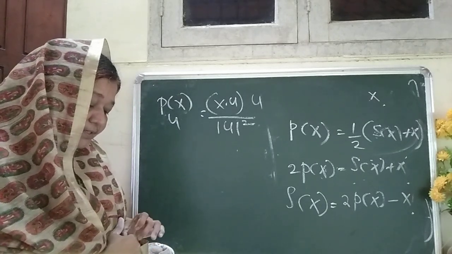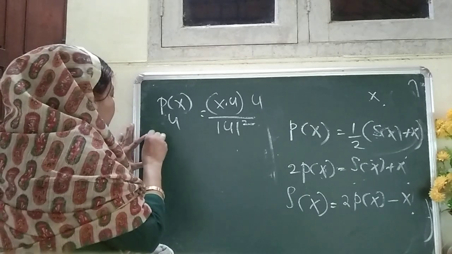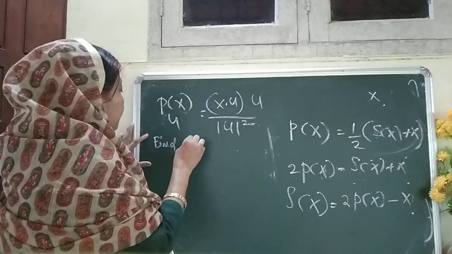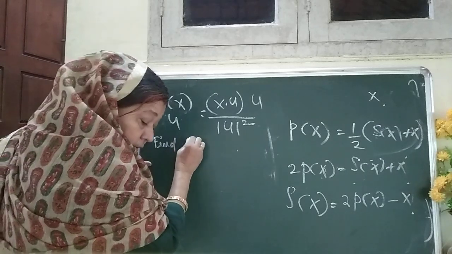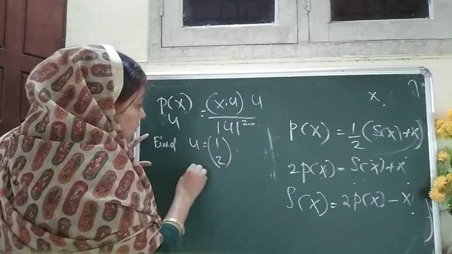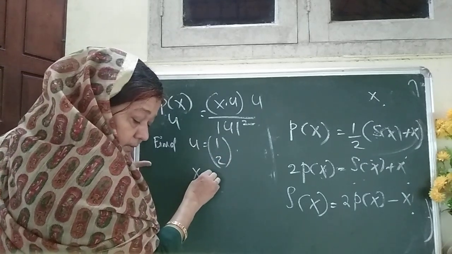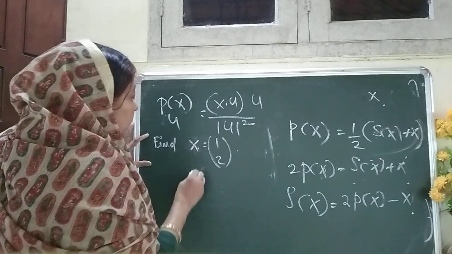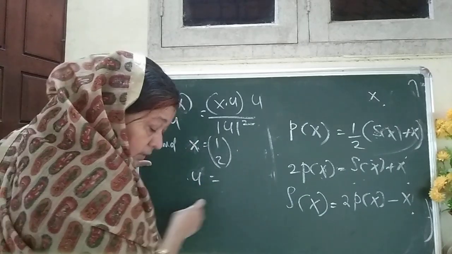For example, find the projection of the vector x equals (1, 2) along u equals (3, 1).